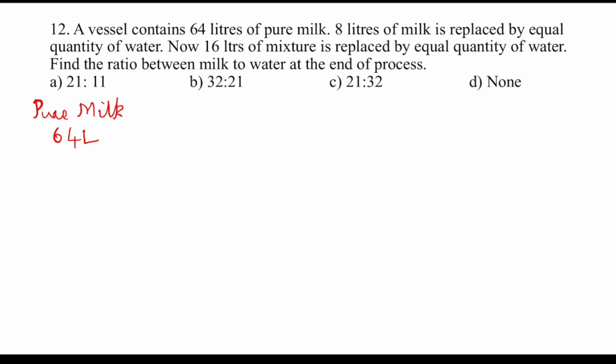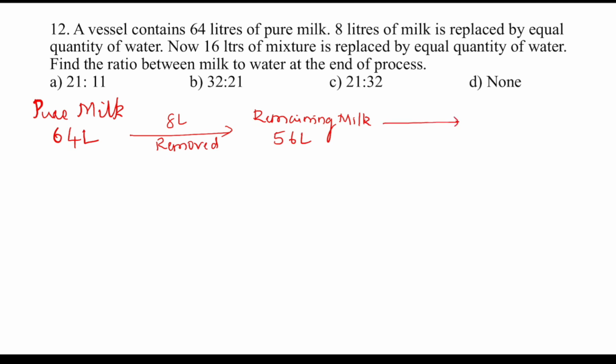8 liters of milk is replaced by equal quantity of water. That means 8 liters of milk is removed. Then what will be remaining from 64 if we remove 8 liters? 56 liters of milk will remain. Then it is replaced.